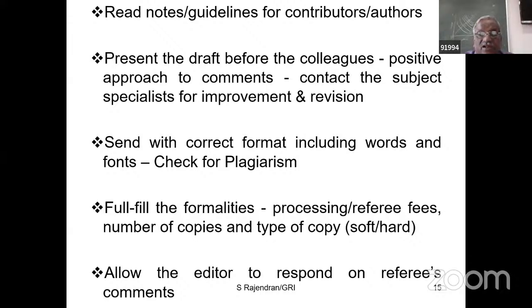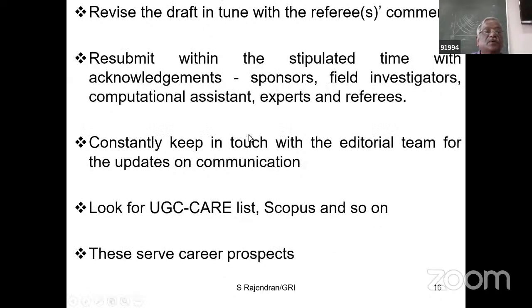Allow the editor to respond on referees' comments, so that the editor can reply in a very constructive form. And then based on the suggestions from the referees, you can revise the draft and resubmit to the editor. Sometimes you have to adhere to the time given by the editor for revision.